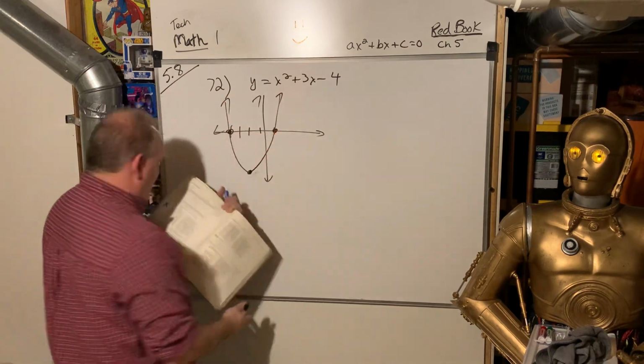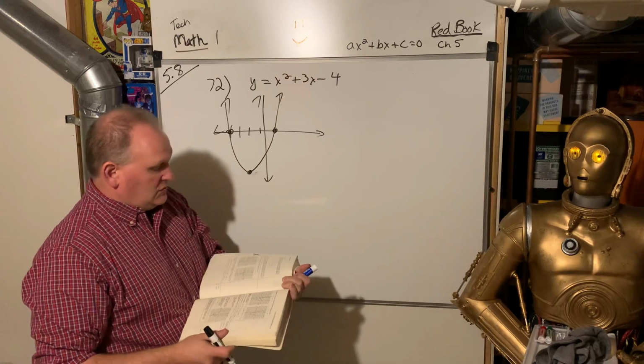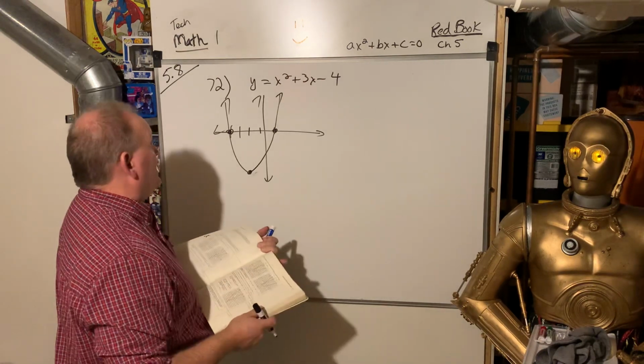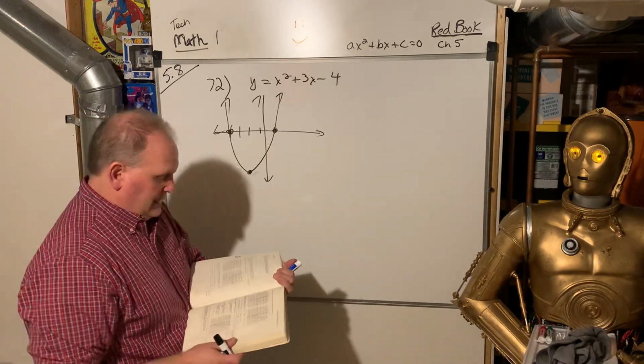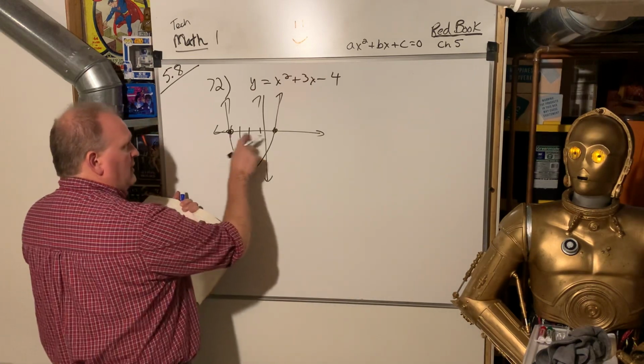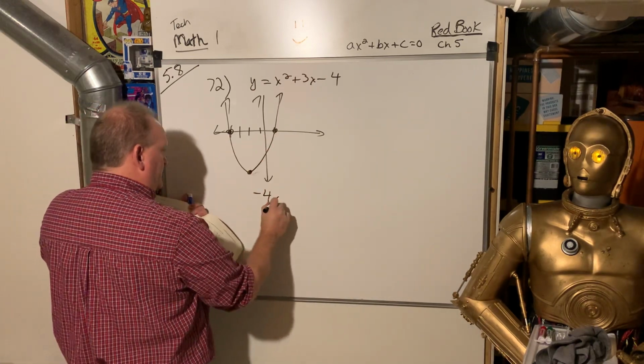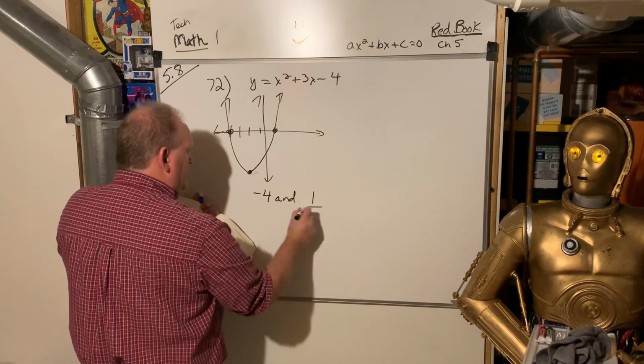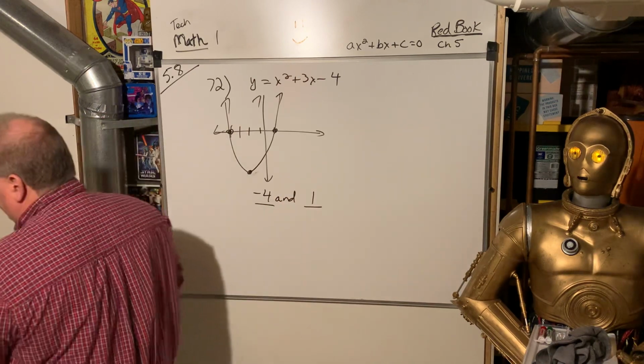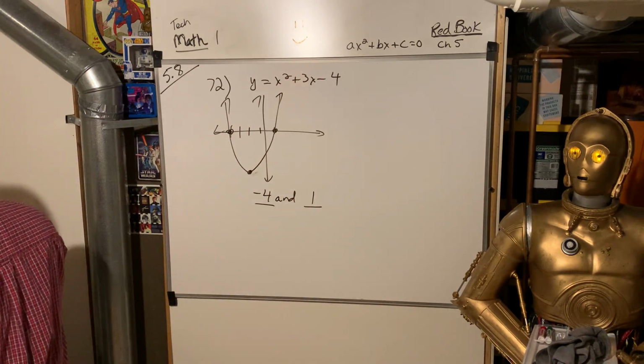Okay, so they already have it graphed for us. So it says the two solutions for that problem are what and what, and that would be, well, -4 and +1. But let me show you how to do that on your calculator. What does that look like in the calculator?